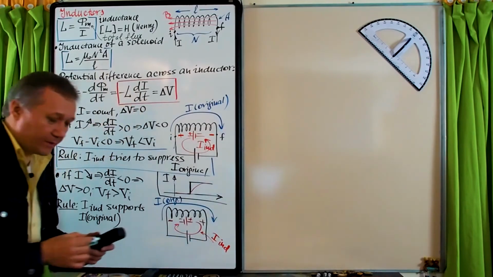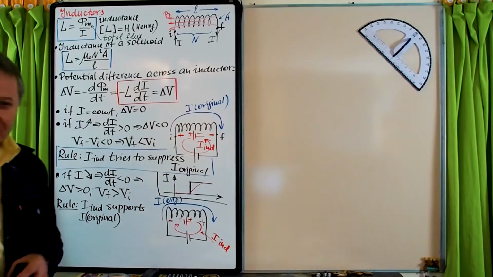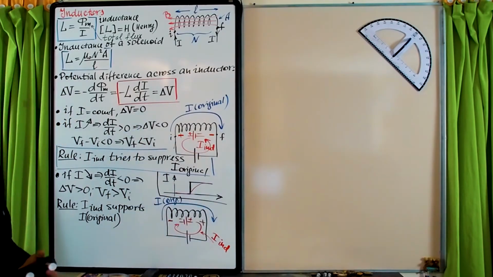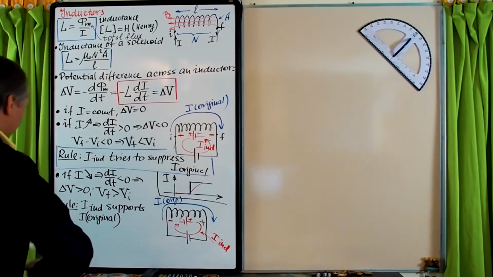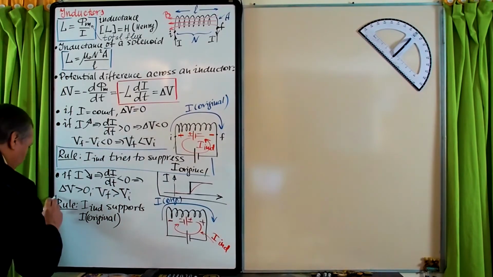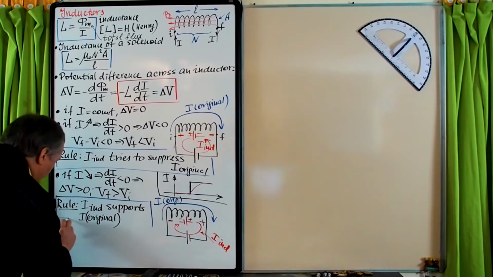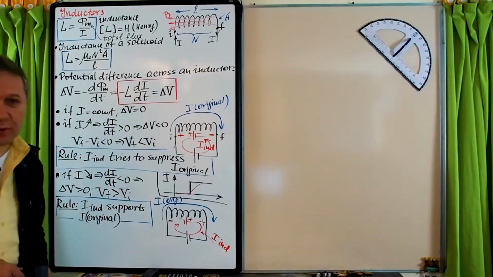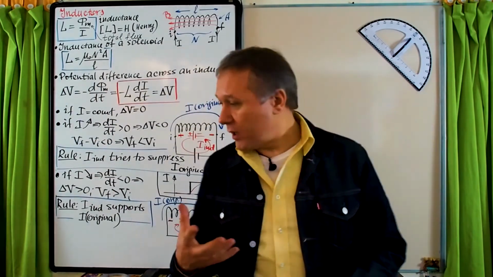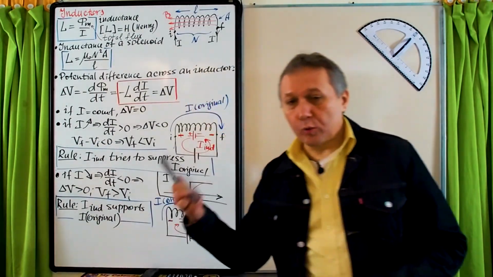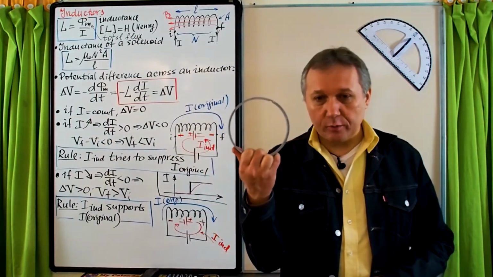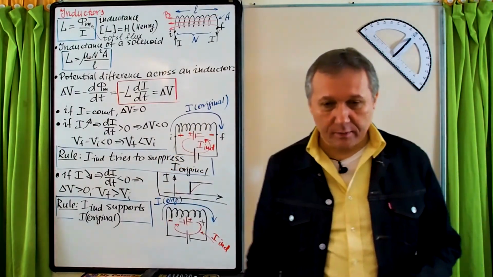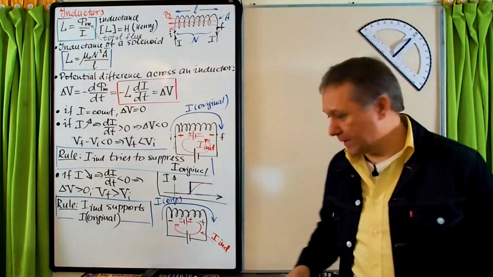Again, if current is dying, the system becomes supportive. If current is growing, the system rebels, trying to suppress the growing current. But again, strictly speaking, it's just Lenz's rule behind all this. It's just a more complicated system. It consists not just of one loop when we apply Lenz's rule. Now we have, what, thousands of loops stacked in order.